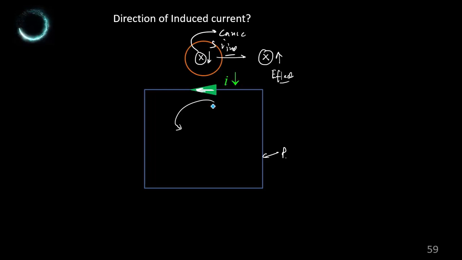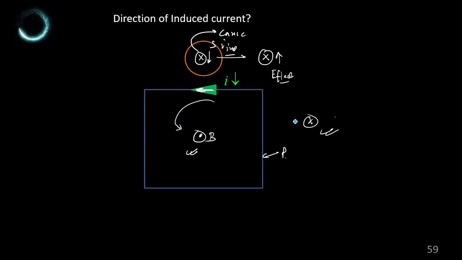That means inside the square loop, the magnetic field is dot. Outside, every point is always cross. So a current carrying element will distribute the magnetic field in two different directions, inside and outside. If inside is dot, outside is always going to be cross. If inside is cross, then outside is always going to be dot.